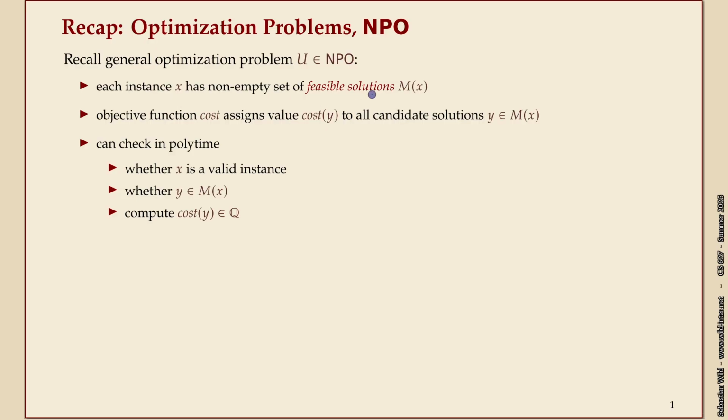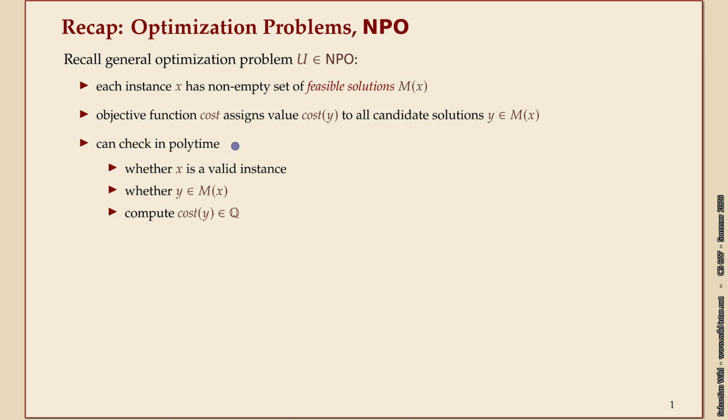Then for every instance, we have potential solutions, feasible solutions. For vertex covers, it would be all vertex covers, all subsets of vertices that cover all edges. And we have a cost function that assigns to each feasible solution some cost. Vertex cover would be just the cardinality of the set.